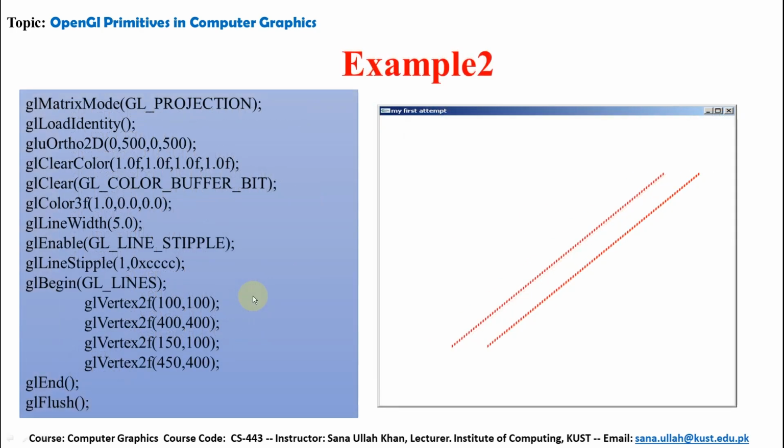After that, the second code, again the color is 1.0, which means red. This is the line width. Stipple means dotted lines. Again this is the location, x and y points. This is the start, and this is again the end.